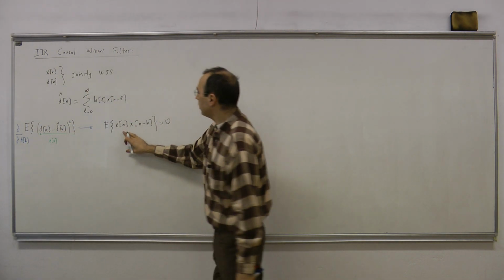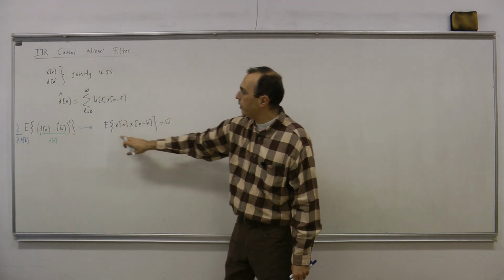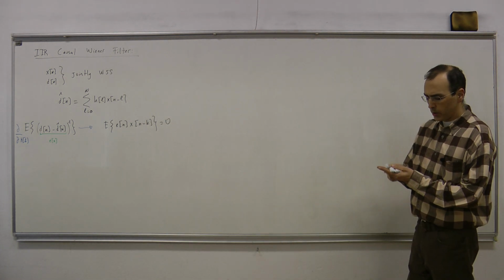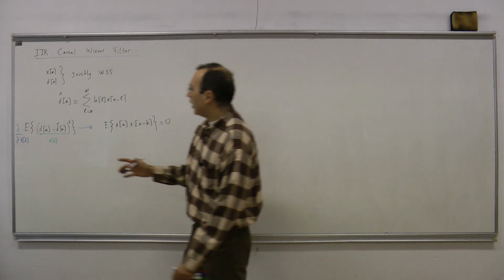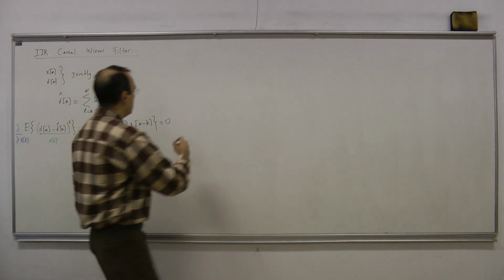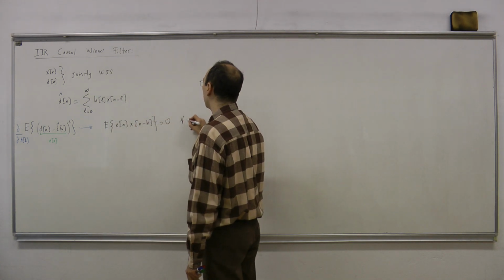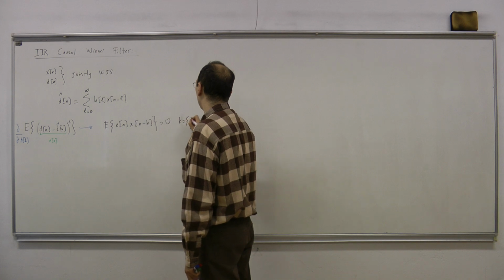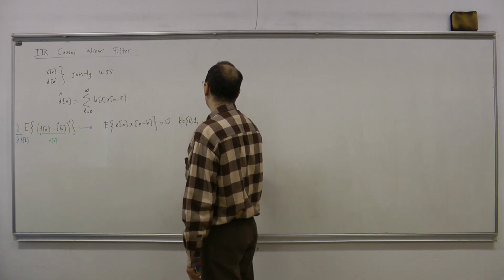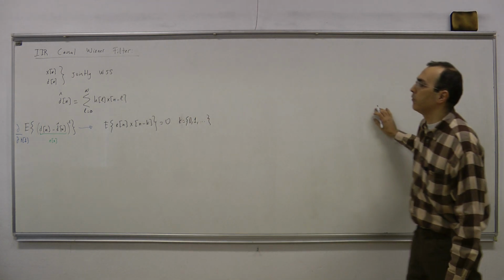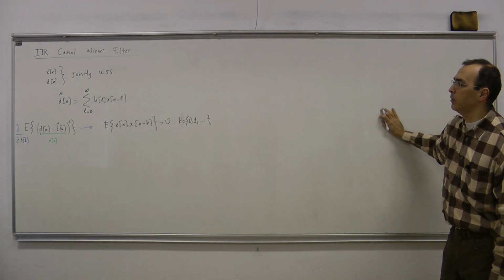So this is error times x of n minus k, expected value equal to zero, where error is defined like that for the nth sample. So what should we do? Well, I can take these derivatives for all of these unknowns, meaning for k equal to 0, 1, up to infinity, because I have an IIR filter.